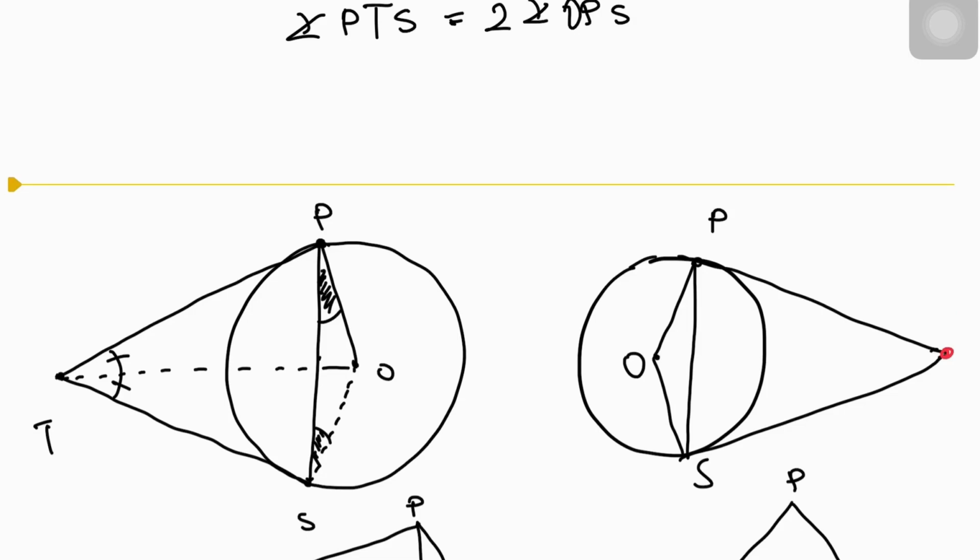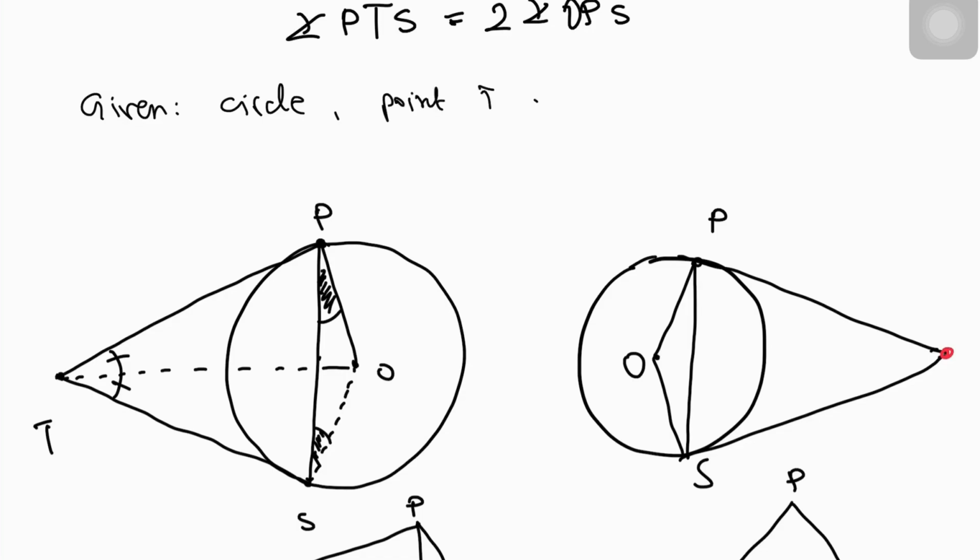Okay, so given is the circle with the center O and radius OP and point T outside the circle.